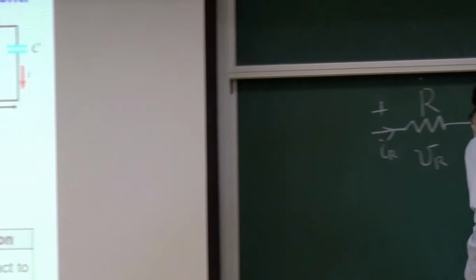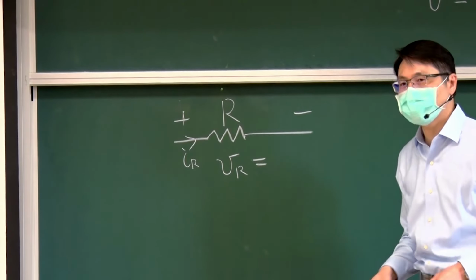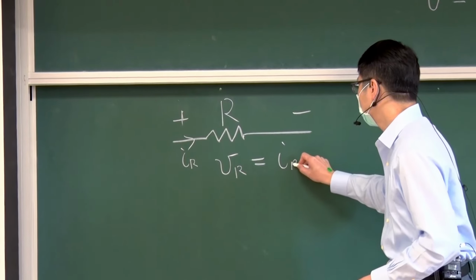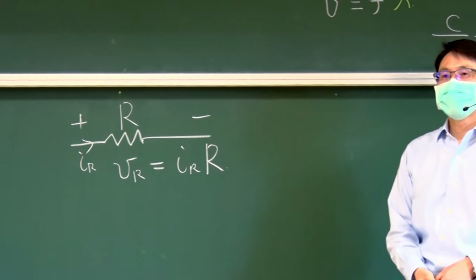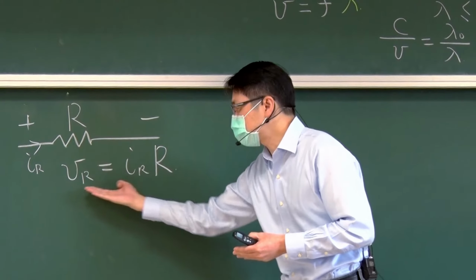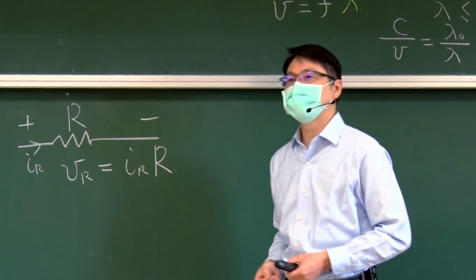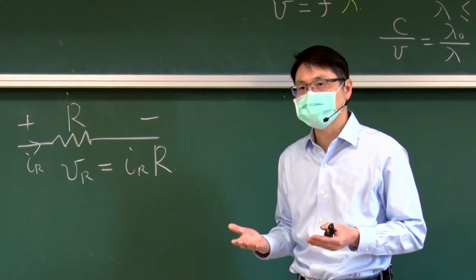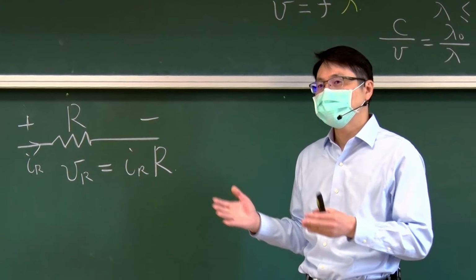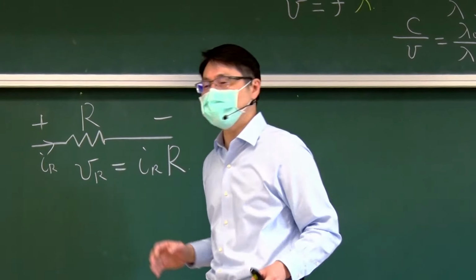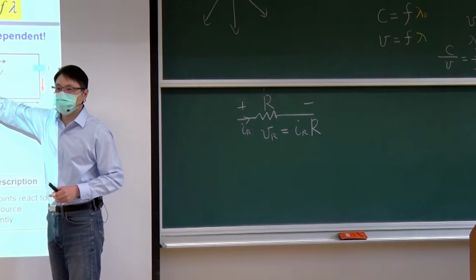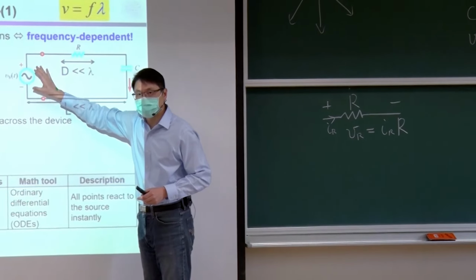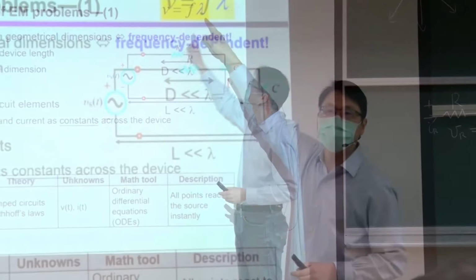You learned this relationship starting from high school, V equals I times R. The reason you can write this down so easily is because in the past, you all assumed this operational source is of extremely low frequency.